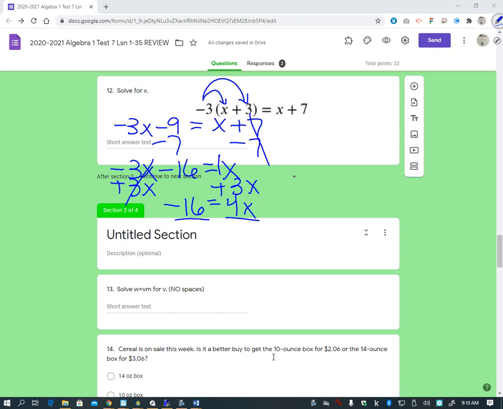Divide by 4 on both sides, not 4x, because we want to solve for x. So I don't want to move x over, right? We're trying to isolate x. Okay? What's negative 16 divided by 4? Negative 4 equals x, or x equals negative 4. Using the symmetric property of congruence. All right, so we got x equals negative 4.